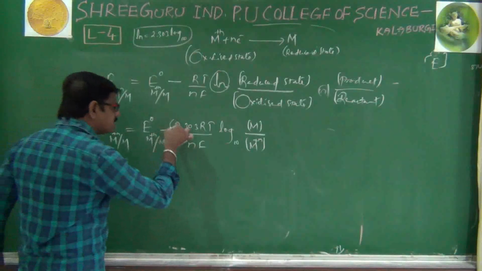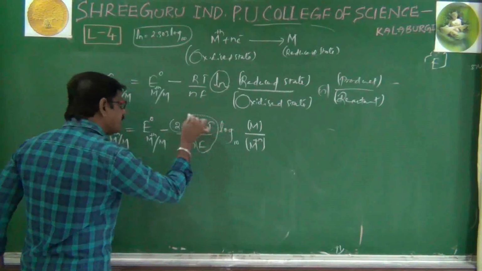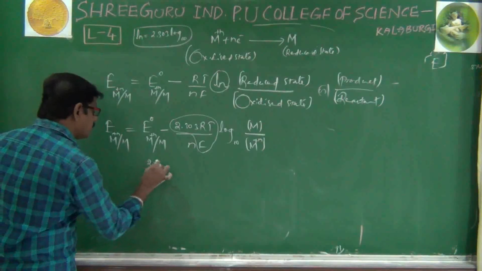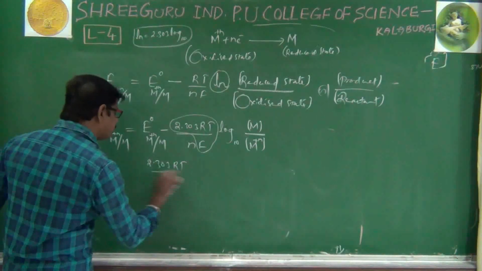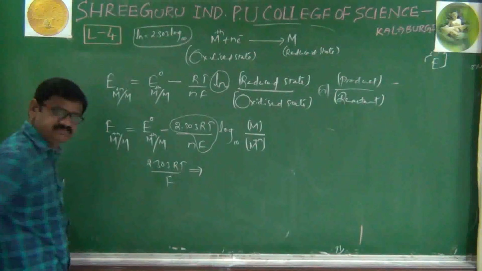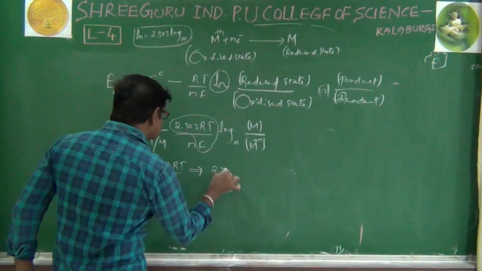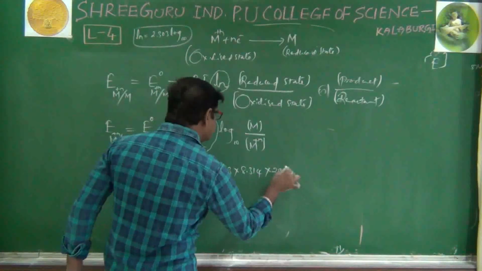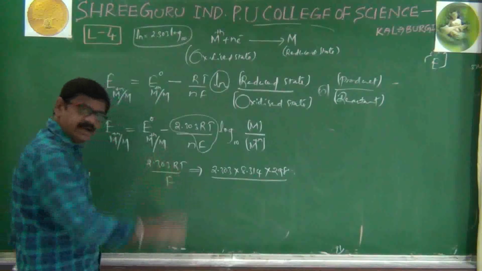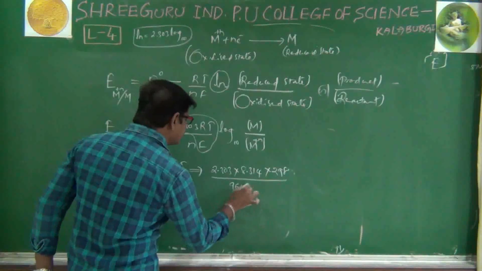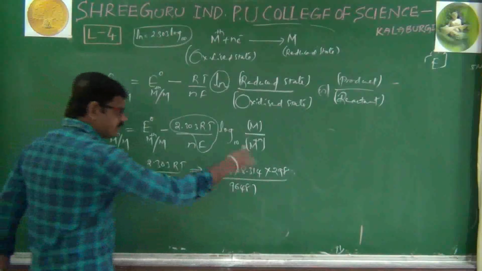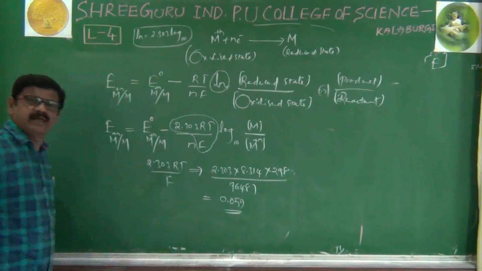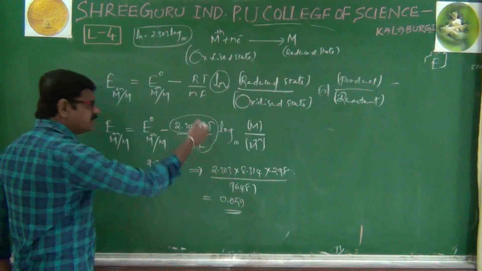Right. Now 2.303 RT by F values are always constants. They will not change. Therefore, if you substitute 2.303 into R value 8.314 into T value 298, divided by 1 Faraday, which is 96,487 coulombs, and calculate all these values, you will get 0.059. Therefore, we can directly substitute this value here.